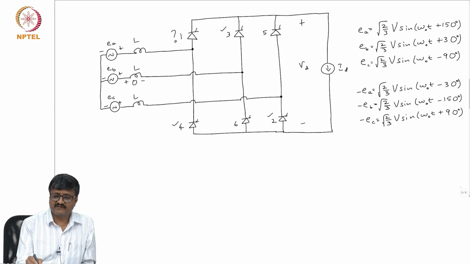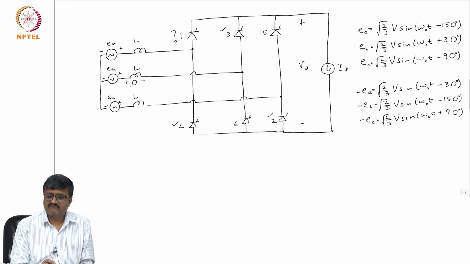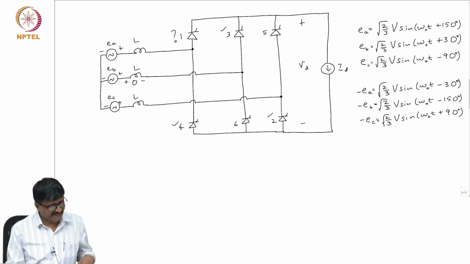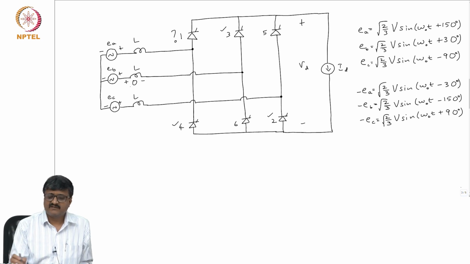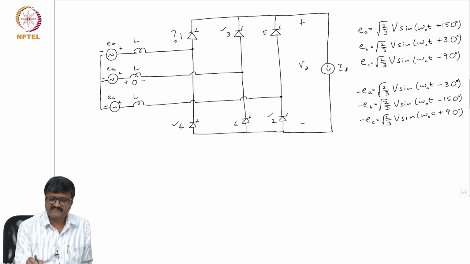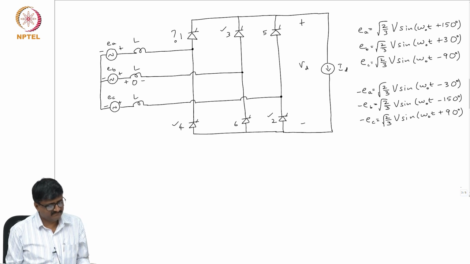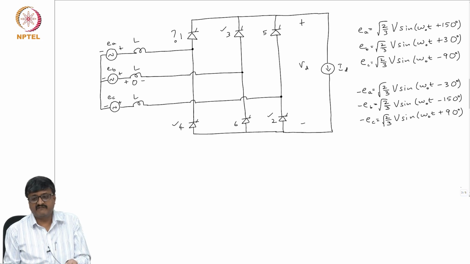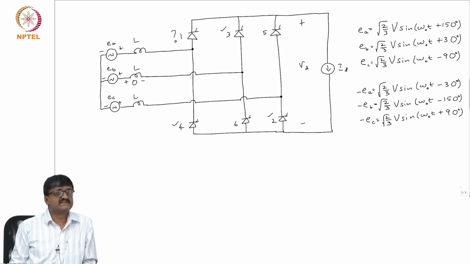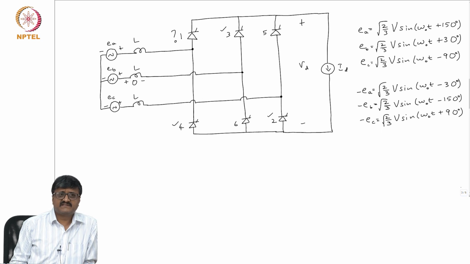No, the point is what he is saying is when valves 2, 3 and 4 are conducting, the voltage across this inductance in series with EB is 0. From that, can I get an expression for the voltage across valve 1? EA minus?